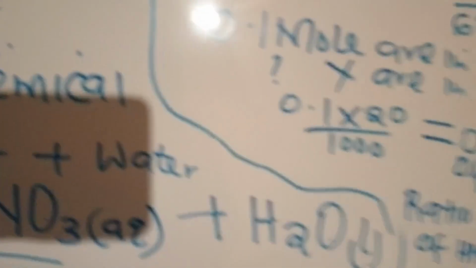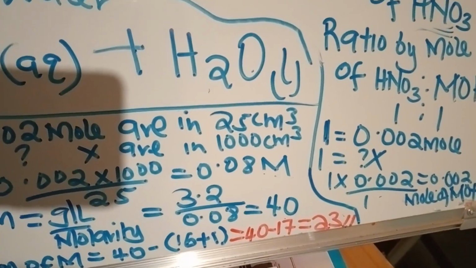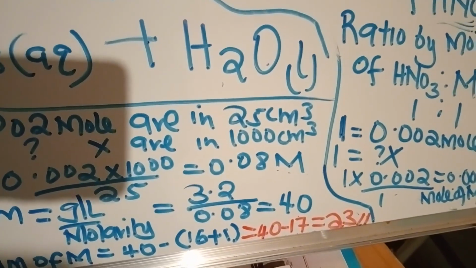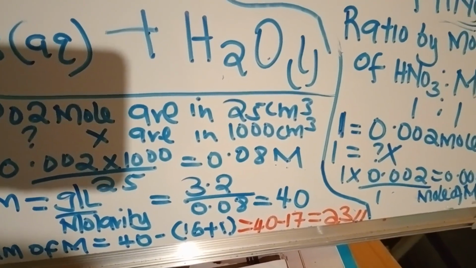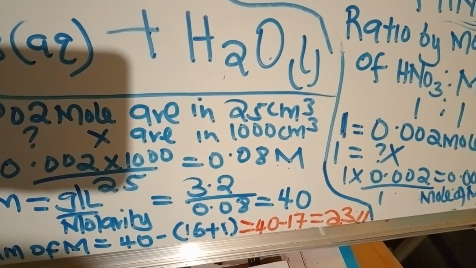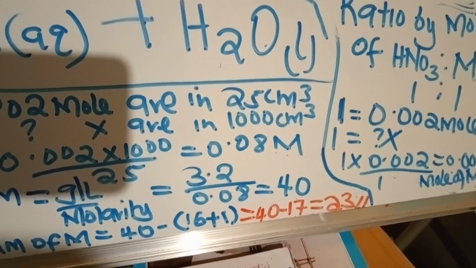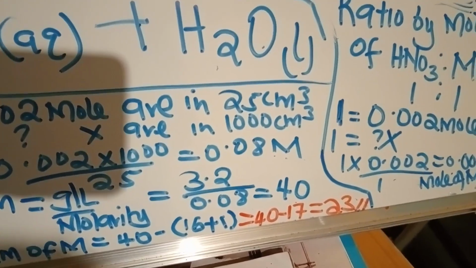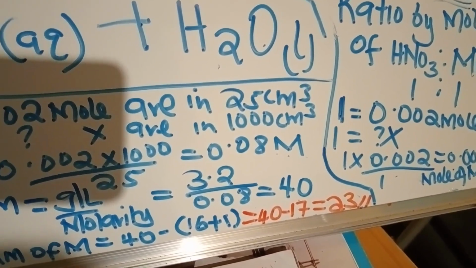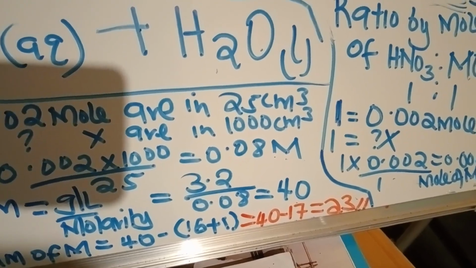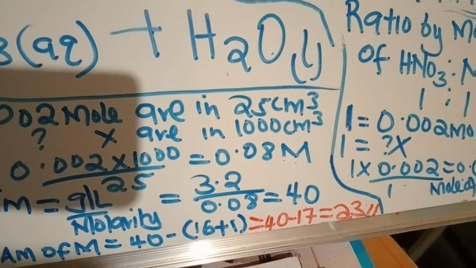So having got 23, this 23 is the RAM of sodium, and sodium is an alkali metal, and whenever we have a hydroxide of sodium, it is usually soluble in water, so it is an alkali. It is a soluble base. Remember, bases are the oxides and the hydroxides of metals, and if it is a hydroxide or an oxide of group 1, then it is an alkali, which is a soluble base.